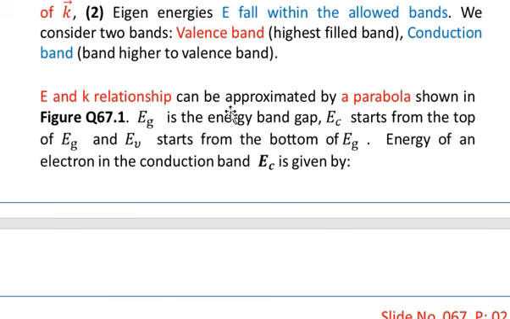So E and k relationship can be approximated by a parabola shown in figure 67.1, which I have just shown. E_G is the energy band gap, E_C starts from the top of E_G, and E_V starts from the bottom of E_G.